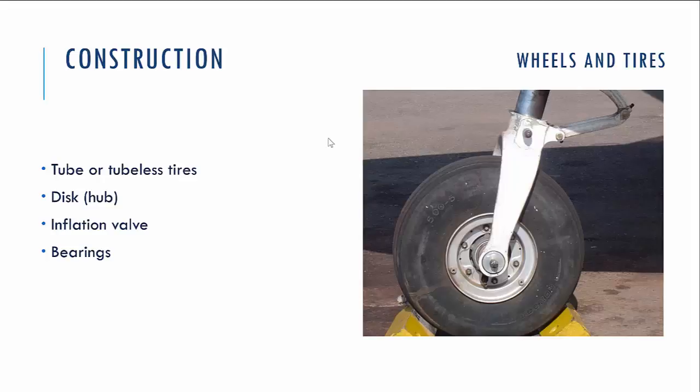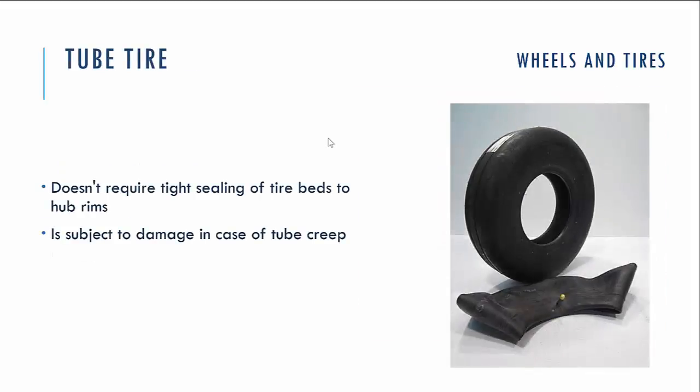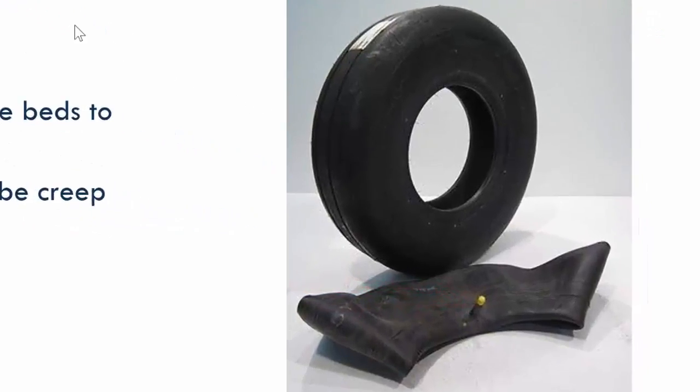So about tube tires, I could say that inside of the tire there is a special rubber tube which keeps the pressurized air inside, and the inflation valve is connected to the tube. So this construction is a bit heavy, and let's say it's subject to damage in case of tire creep. Why?